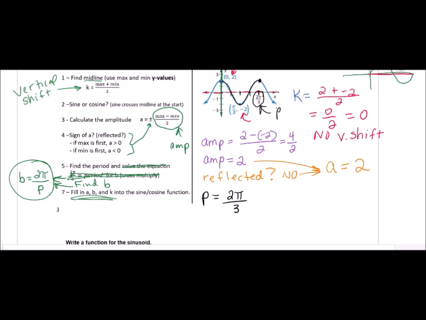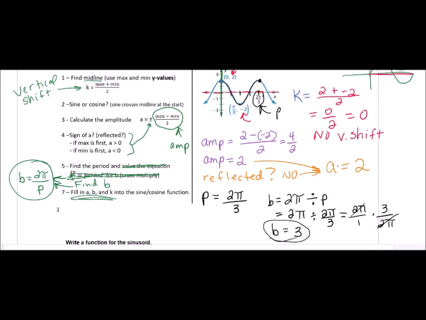Now we're going to use our little shortcut formula. I've got a fraction to deal with, so I'm going to write it out the long way: 2 pi divided by P, which is 2 pi divided by 2 pi over 3. Got to flip that second one, put it over 1, so 3 over 2 pi, and multiply. The 2 pi's cancel, so B equals 3.